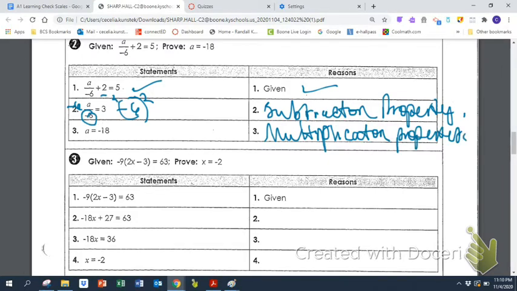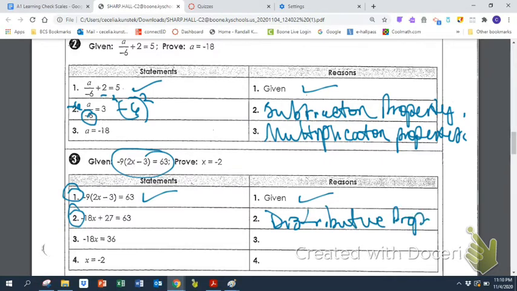Okay, now this next one, we're going to start out by rewriting it, and we're always going to say that it's given. And then you should recognize that how they got from step 1 to step 2 is the distributive property. And then how did they get from step 2 to step 3?